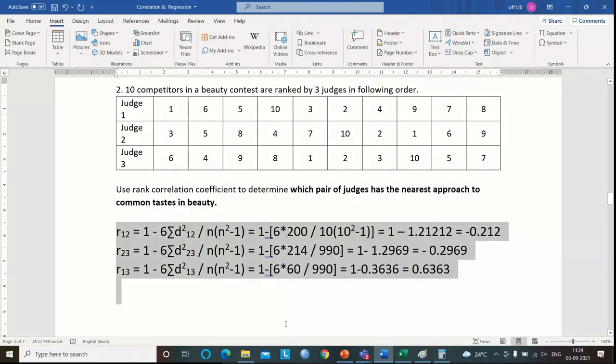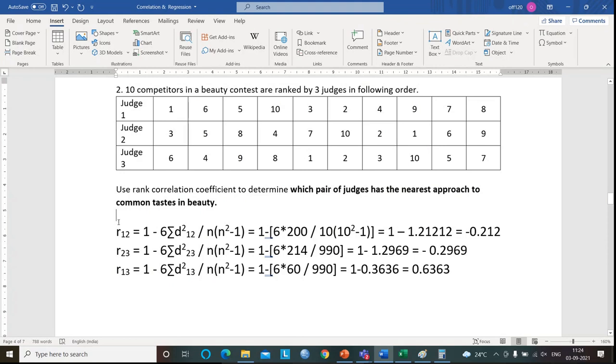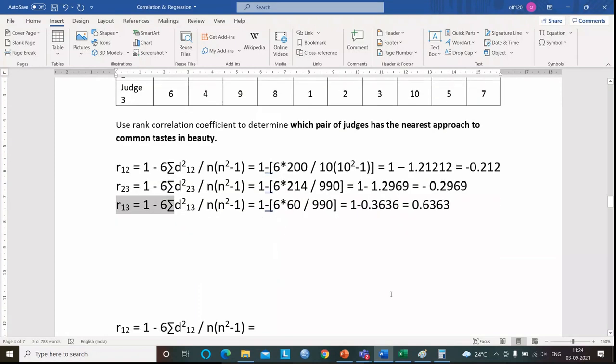After writing the formulas, you have to keep the side headings: judge 1 and judge 2, judge 2 and judge 3, judge 1 and judge 3, and find the answers. After filling in the answers, finally you have to write that out of the three values, judge 1 and 3 have the highest positive value. So there exists a positive relation between the first judge and the third one. So there is a commonality between the first and third judge.